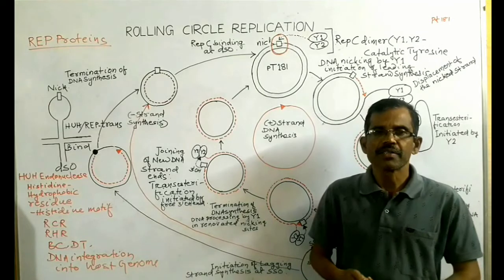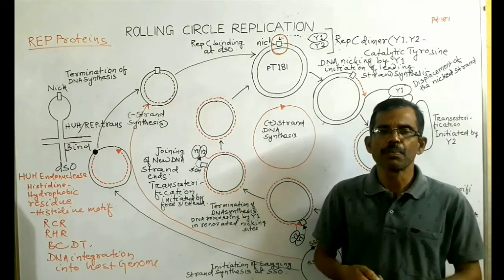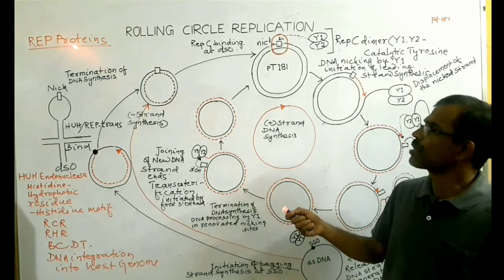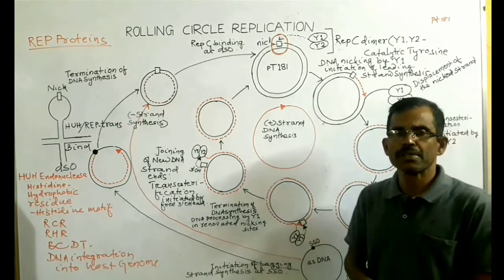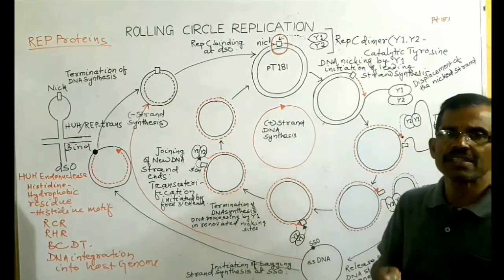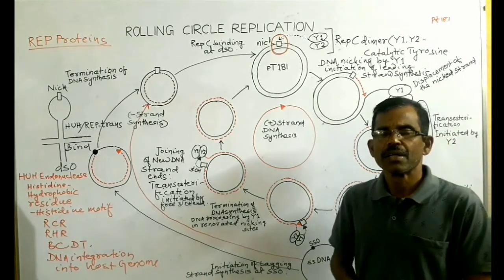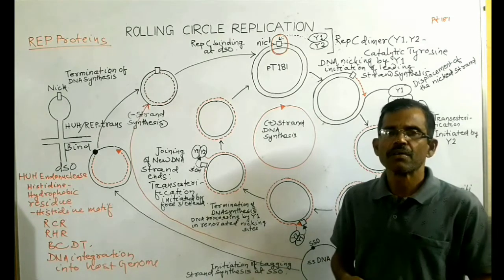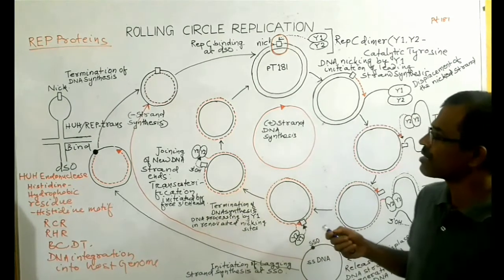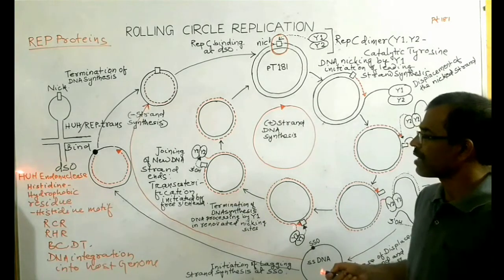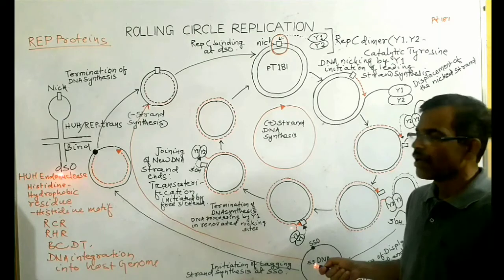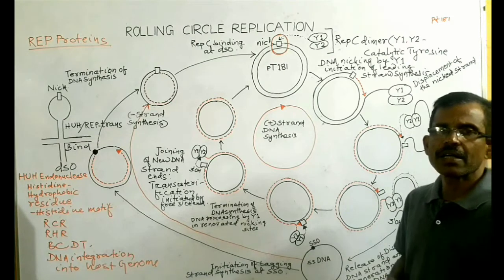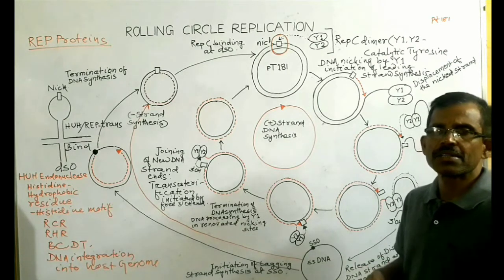Before understanding the mechanism of rolling circle replication, let us know about Rep proteins. Rep proteins are replication initiator proteins that process specific single-stranded DNA sequences to initiate rolling circle replication and rolling hairpin replication in viruses. Rep proteins are members of the HUH endonuclease superfamily. HUH endonucleases are a group of endonucleases that can process single-stranded DNA sequences.